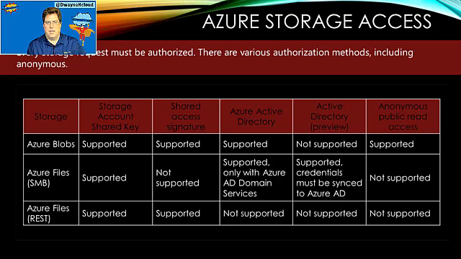It doesn't work directly with Azure Active Directory. You have to have a hybrid type build in terms of that environment, as well as it's in preview with Active Directory. When we're looking at utilizing Azure Files with a REST API, we're going to utilize shared access signatures as well as shared keys or a key from our key vault.